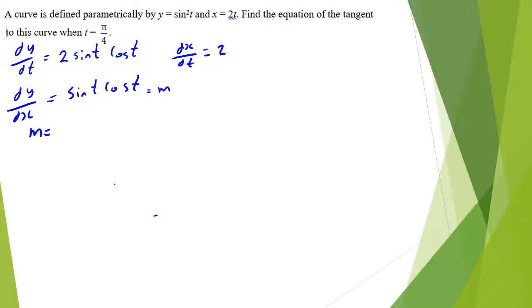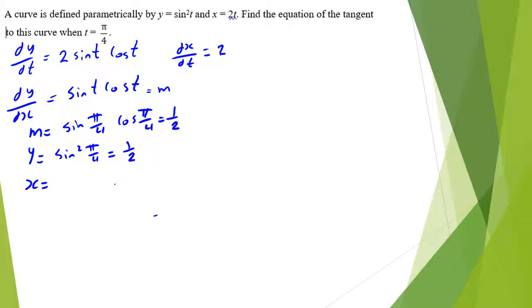Now they ask to find the equation of the tangent, so this is the gradient. Let's find the value of the gradient by substituting pi over 4. That gives you a value of half. Now finding the y value by substituting pi over 4 in the y equation gives a value of half as well.